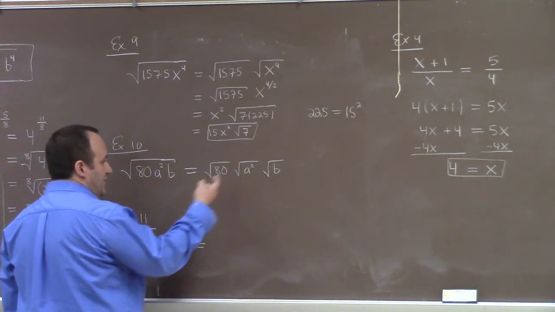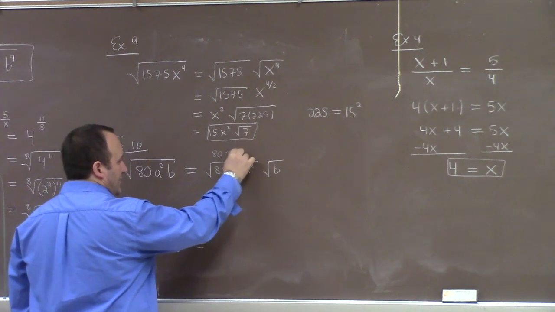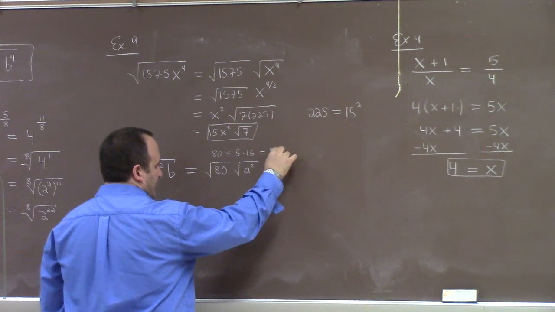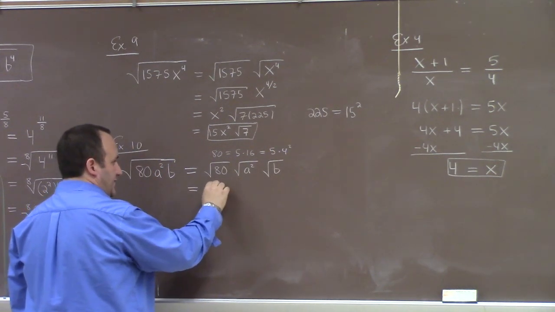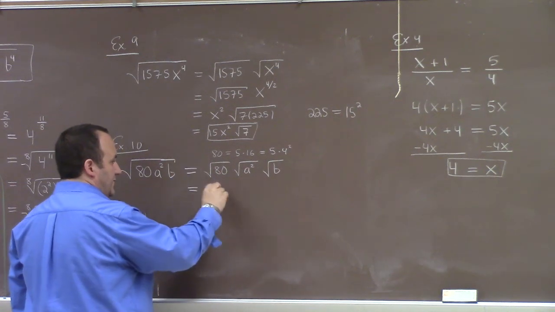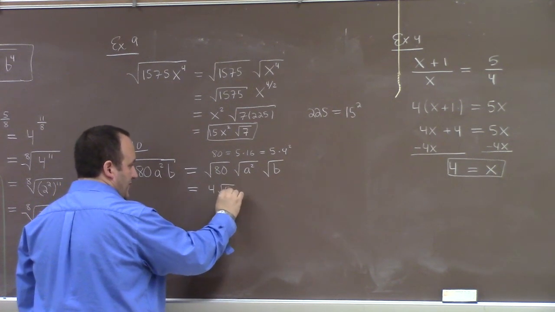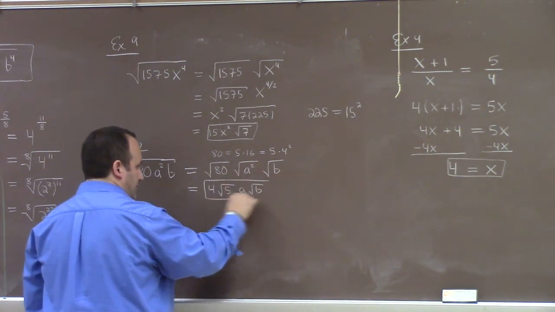So square root of 80, well, 80 happens to be 5 times 16, which is 5 times 4 squared. Yeah, exactly. So this is, well, other way around, 4 root 5, but you got the right idea. 4 root 5, a root b. So there you go.